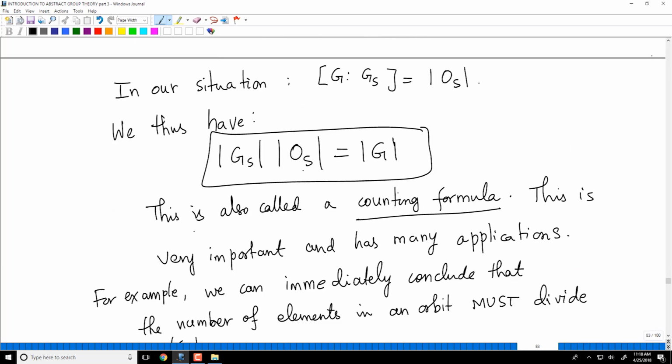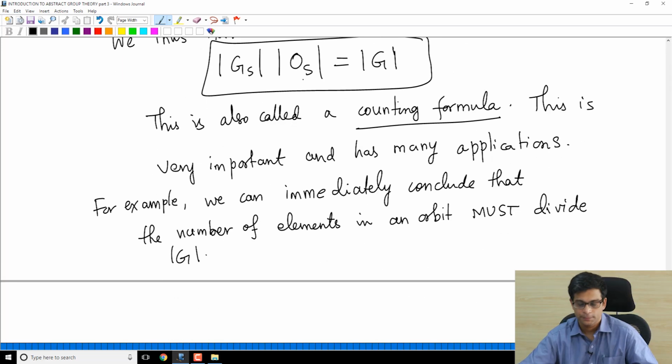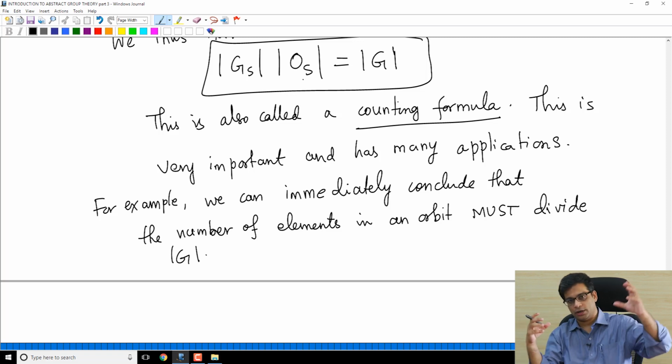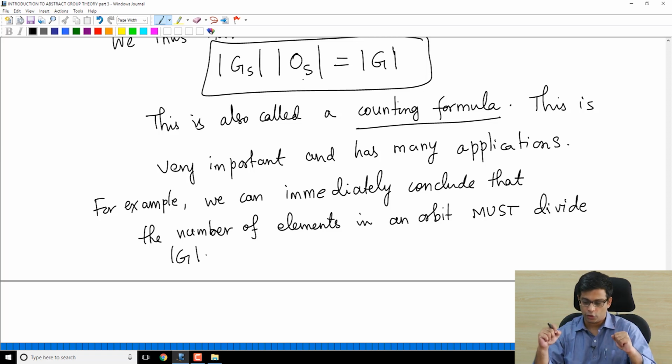This is not really clear, right, in general. If a group G acts on a set S, you took an orbit which is a subset of the set S, why should the size of that orbit be related to the order of the group? It's not clear, right? The group is acting on a set S, and the orbit is inside the set. And this is a consequence of the counting formula.